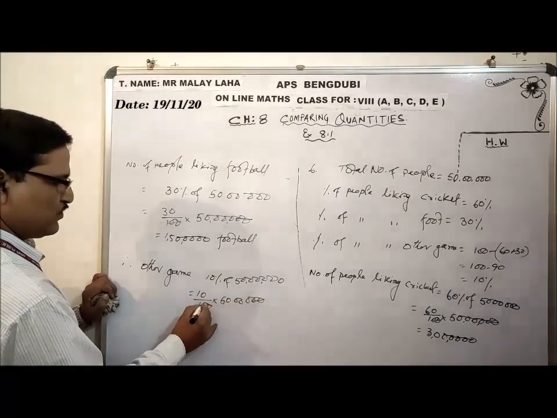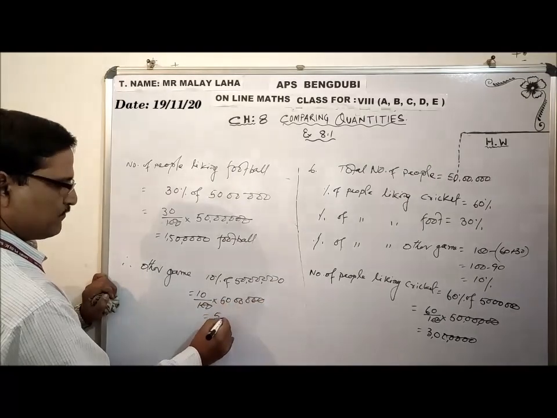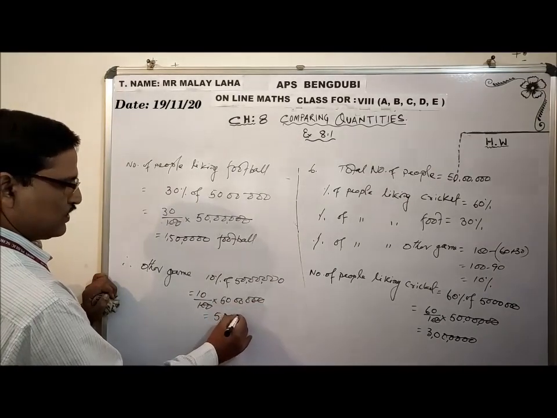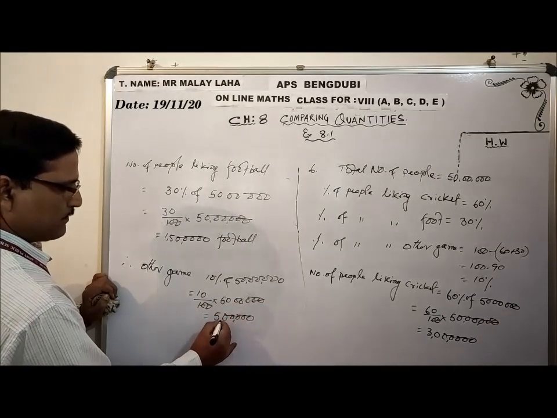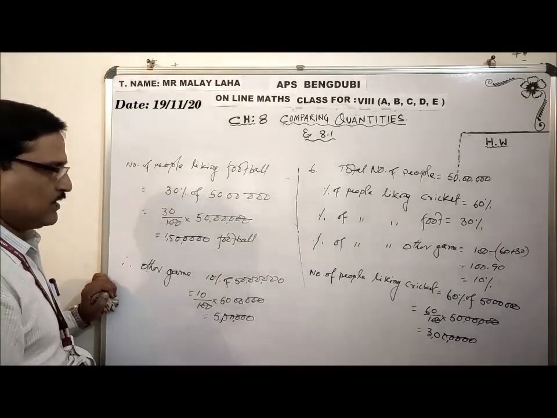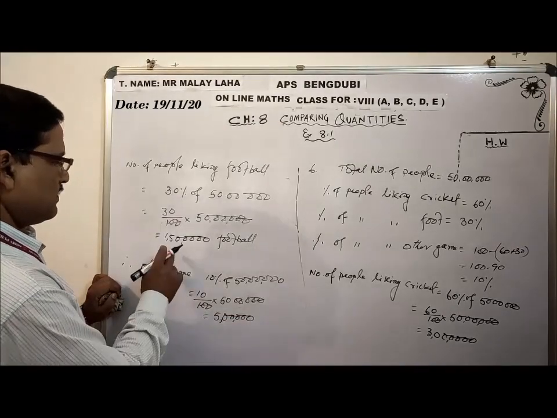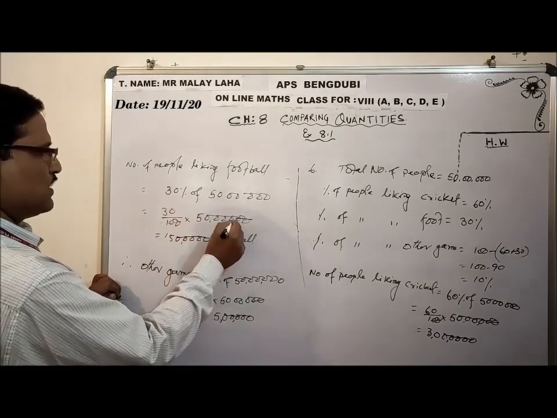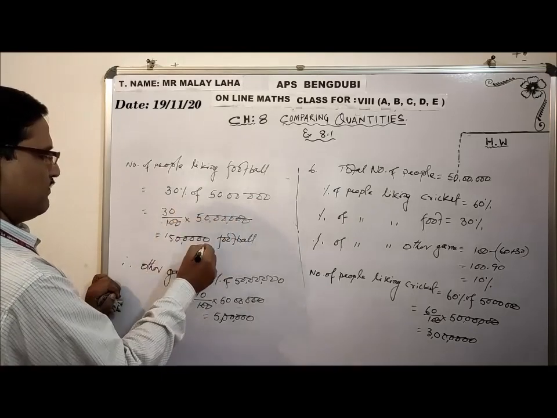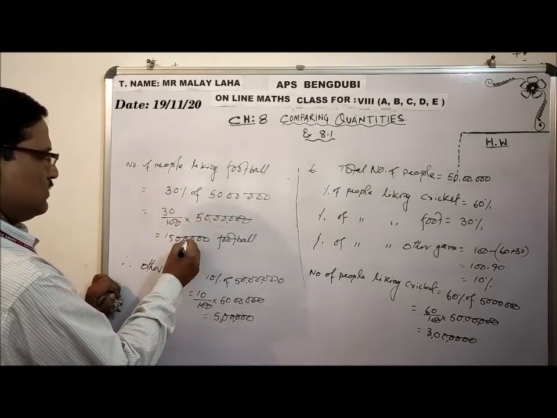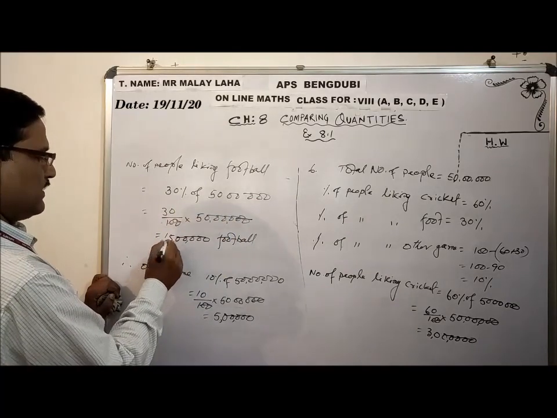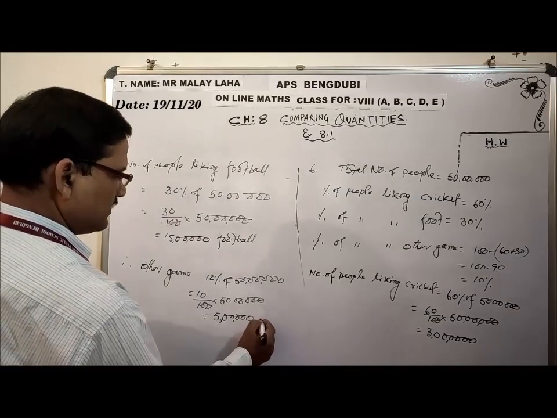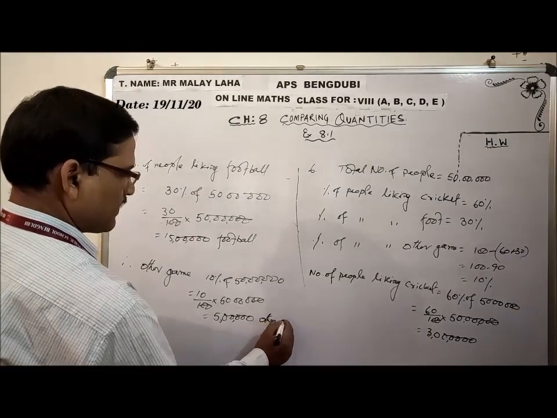The zeros cancel, so 5, and zeros 1, 2, 3, 4, 5. That is 5 lakh. So 15 lakh, 30 lakh and 5 lakh for other games.